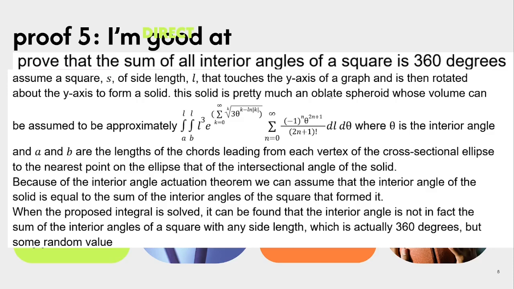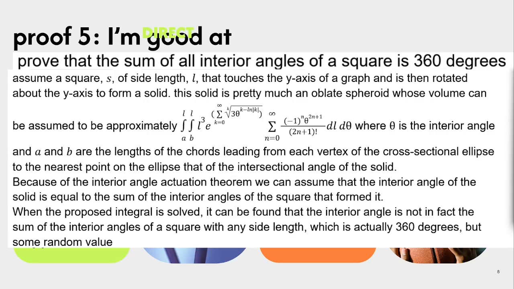And that solid is going to be an oblate spheroid whose volume can be assumed to be approximately the double integral from a to L and b to L of L cubed times e to the infinite series from 0 to infinity of the kth root of 3 theta k minus ln k times the infinite series from 0 to infinity of -1 to the n theta 2n plus 1 over (2n plus 1) factorial dl d theta, where theta is, of course, the interior angle, and a and b are the lengths of the chords leading from each vertex of the cross-sectional ellipse to the nearest point on that ellipse, that of the cross-sectional angle of the solid.